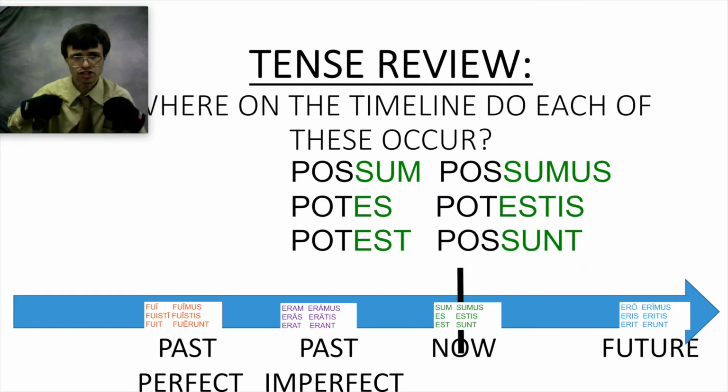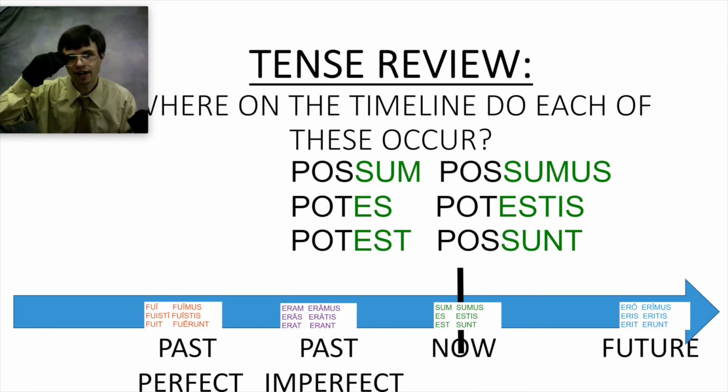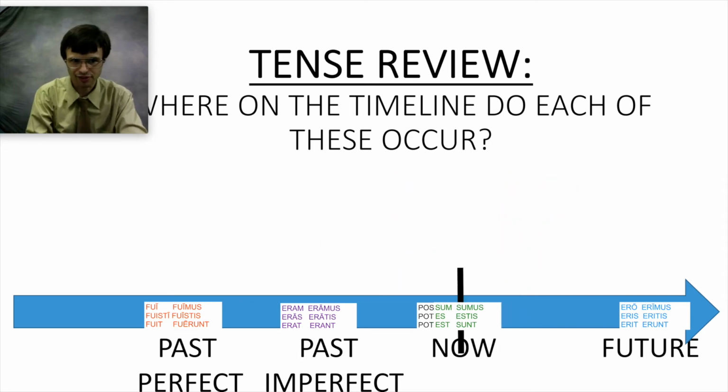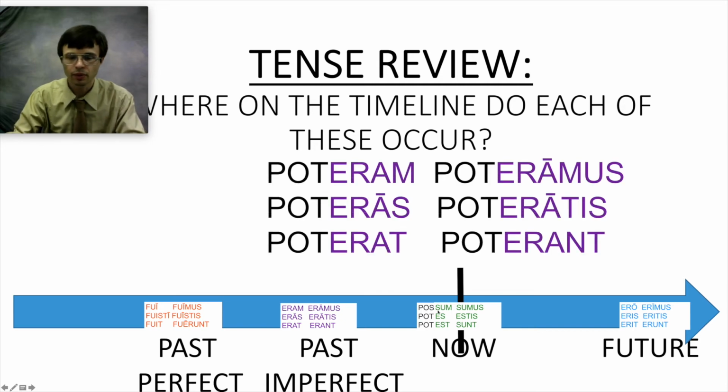Possum, potes, potest, possumus, potestis, possunt. Well, obviously that's going to be just like sum, es, est, sunt. That's obvious, right? It's just a prefix on sum, right? Now notice whenever you have an S, the T of pot changes to pos. Okay. What about this one? Color gives it away.